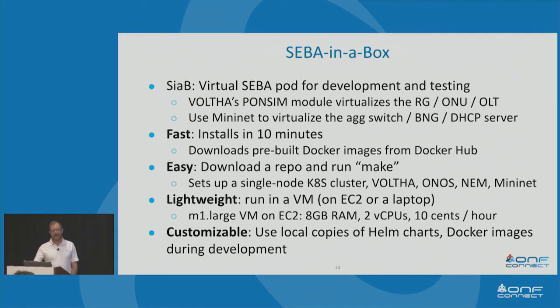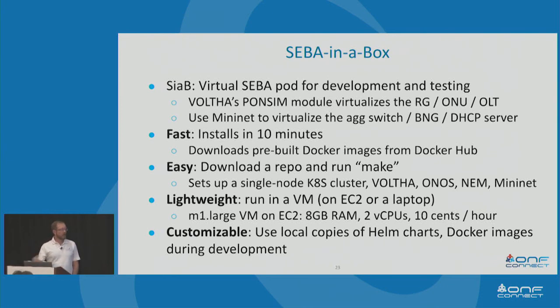So in the lab today, we're not going to be running make. We're going to kind of take the scenic route to get there and install each of the Helm charts individually so you can see this process of actually building up the system using these Helm charts. But just for your information, there's a faster way to get there.